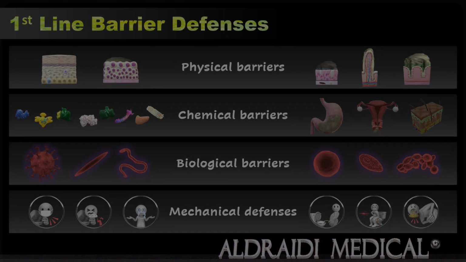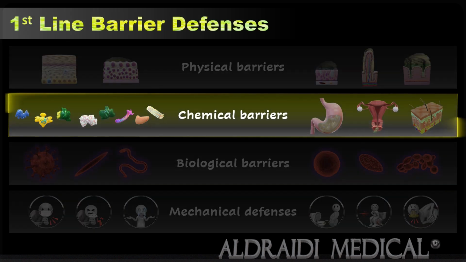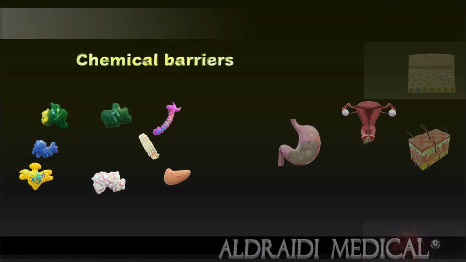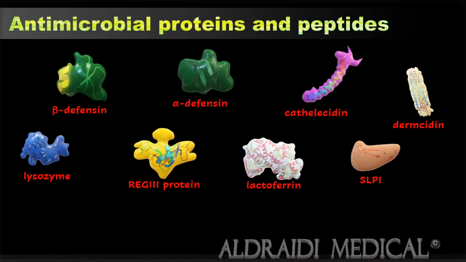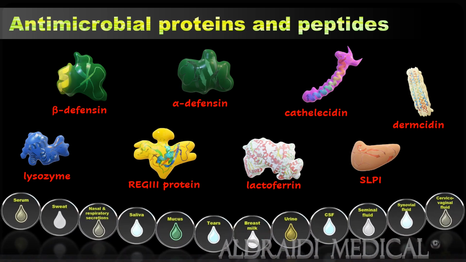Now the second of these barriers is the chemical barrier, which consists of an arsenal of chemical substances that are lethal to foreign invaders. An example of such chemicals are the antimicrobial proteins and peptides. Antimicrobial proteins and peptides are specialized soluble substances that are mainly present in our body secretions or fluids, giving these fluids a unique cocktail of chemicals that are specific for each location.